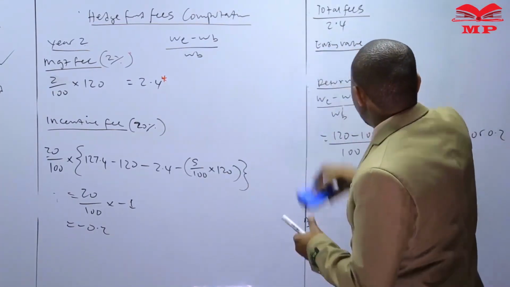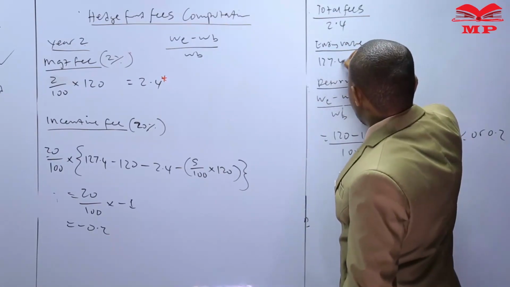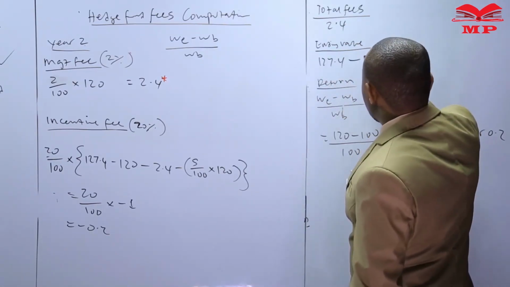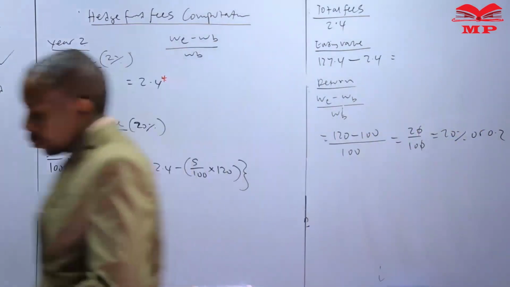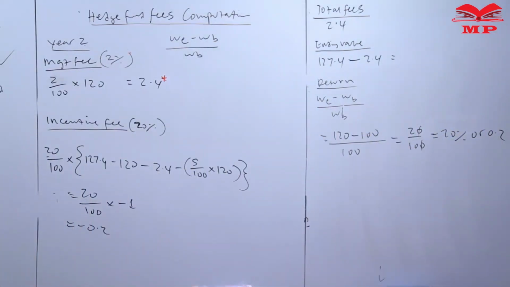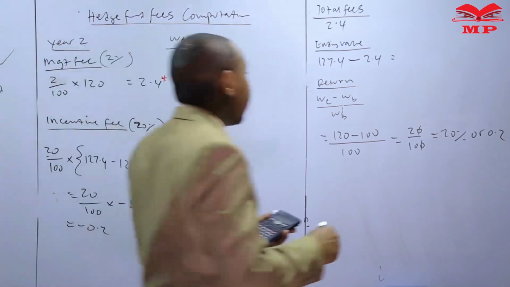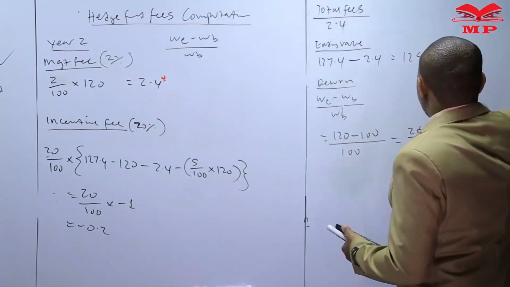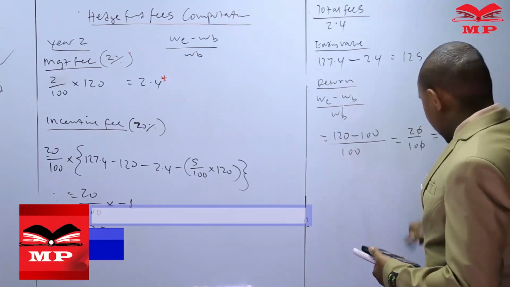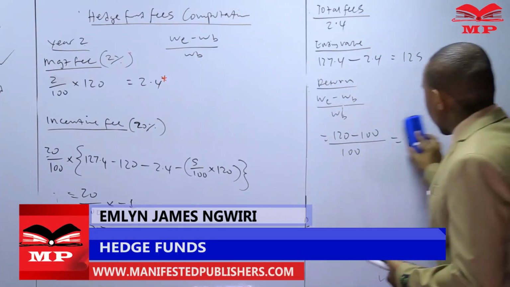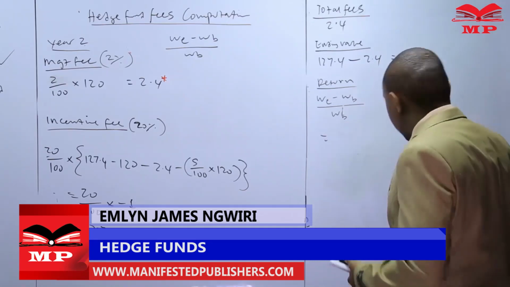So it's 127.4 like that. You minus 2.4. Now how much do we get? 127.4 minus 2.4 is 125. The return is going to be the ending value over the beginning value. So we're just going to amend this.